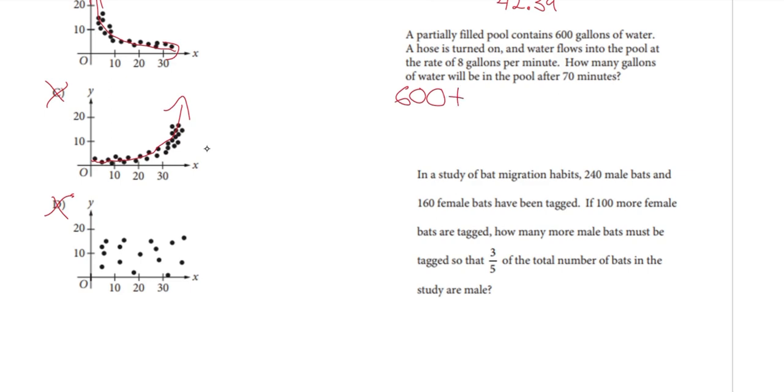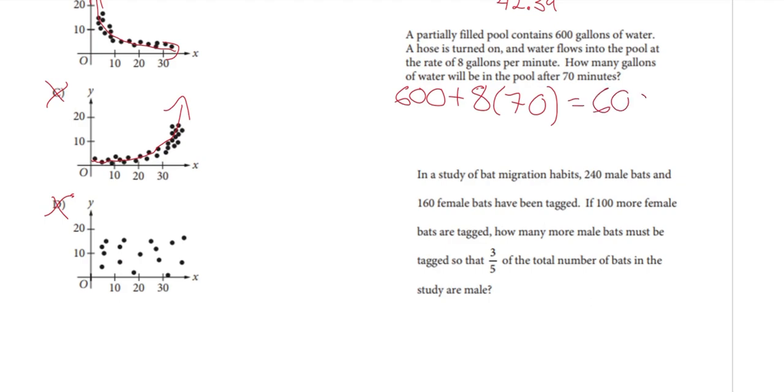And then we know that water flows into the pool at a rate of 8 gallons per minute, and they want to know how full the pool is after 70 minutes. So we're going to multiply the 8 gallons per minute by 70 minutes.